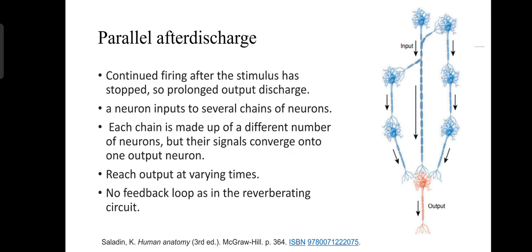It uses several chains of neurons, with different numbers of neurons in each one of them, that at the end converge on the same output neuron. So each one of these chains will take a different time, so the signal will reach at varying times. And you can see here the arrows are in the same direction. There is no feedback loop, so it's not what we call a reverberatory circuit.